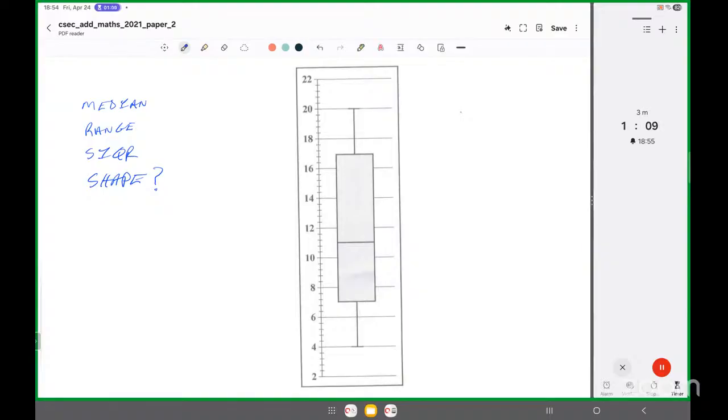The lowest value on the box is Q1. Just imagine that this was turned this way. They give it to you vertical, so instead of reading it from left to right, you read it from bottom up. Understand?